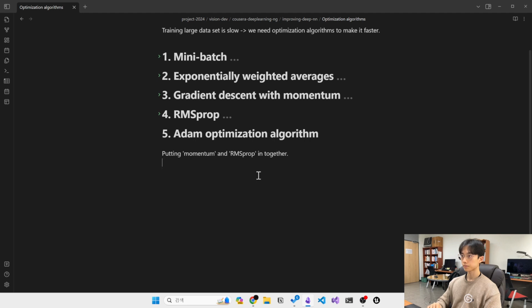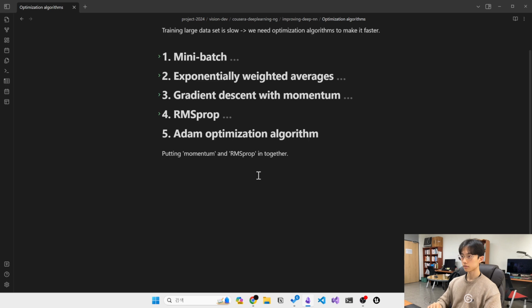And then on iteration t, you would compute the derivatives, compute dW, dB using the current mini-batch. So usually you do this with mini-batch gradient descent.